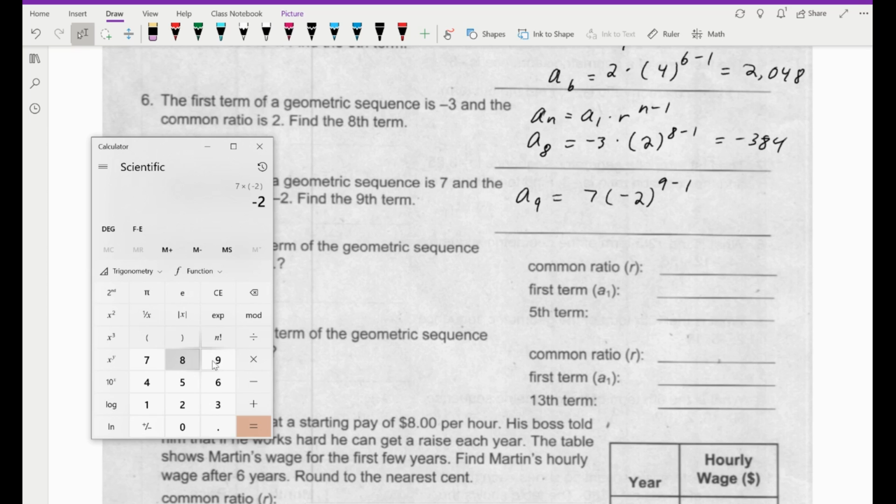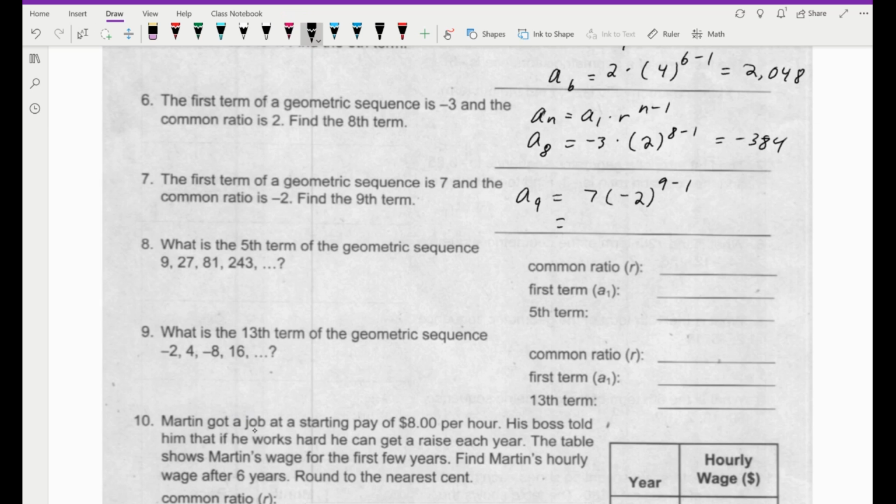Seven times negative 2 raised to the 8th. And we get a positive, which makes sense because negative 2 raised to an even power will make it a positive number. 1,792.